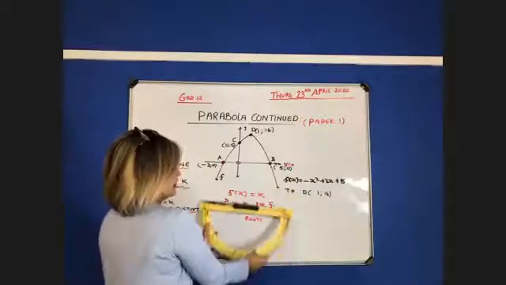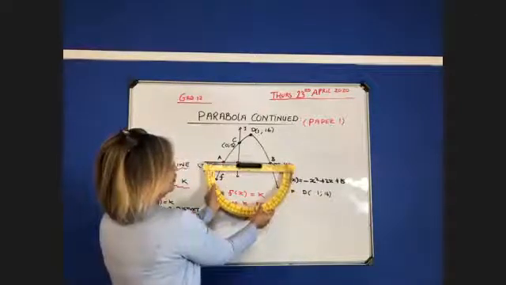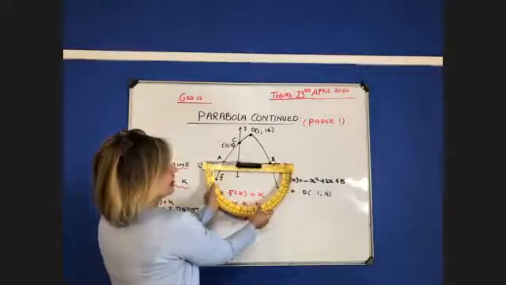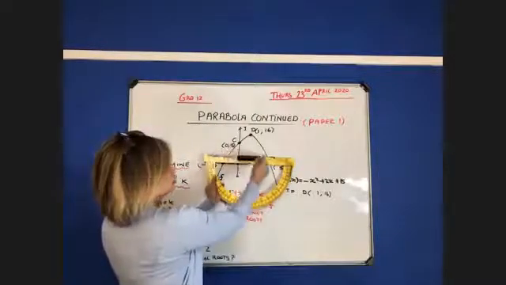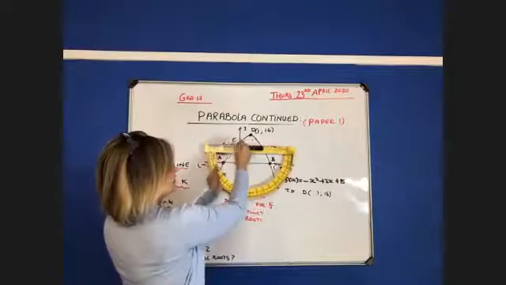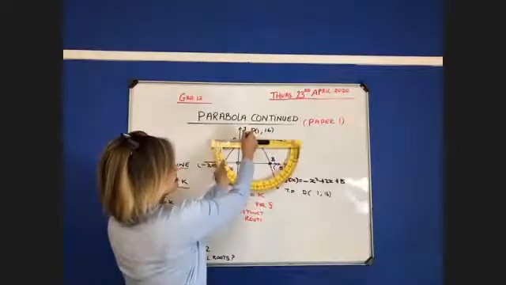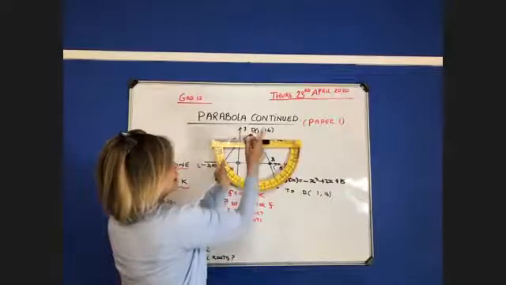So let's change the direction. If we vertically shift our x-axis up, do you see I still have 2 roots? I still have 2 roots. I still have 2 roots. Aha!